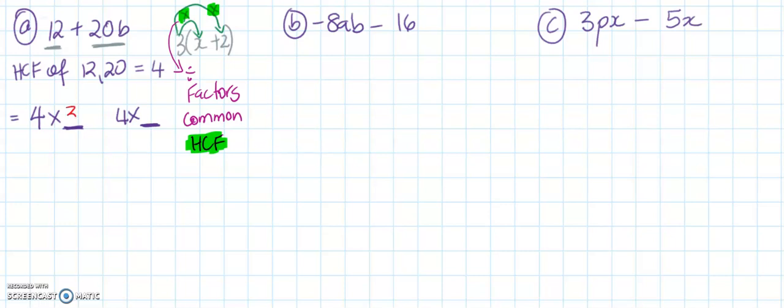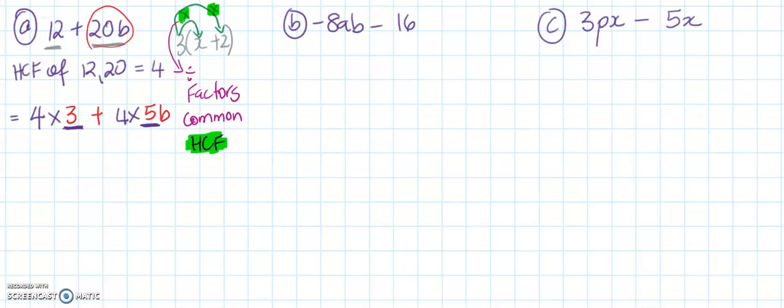I know that 4 times 3 is 12. Okay, we need to bring down the plus sign. Plus 4 times 5 gives me 20. But also my second term has got a b as well, so therefore 4 times 5b will give me 20b.